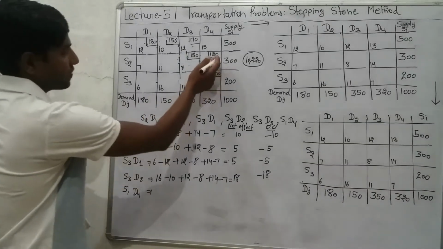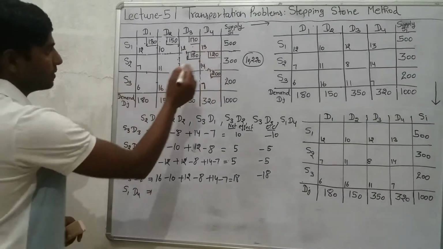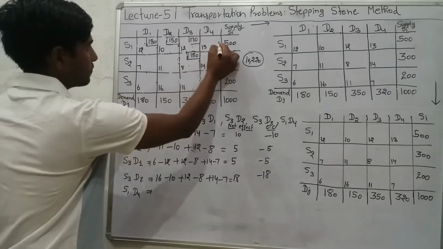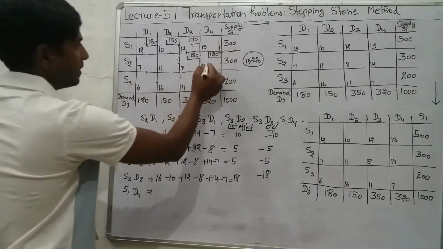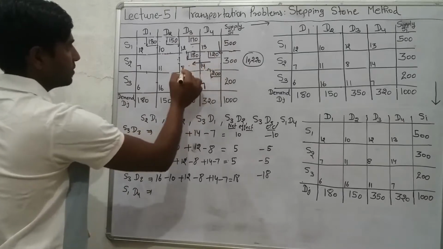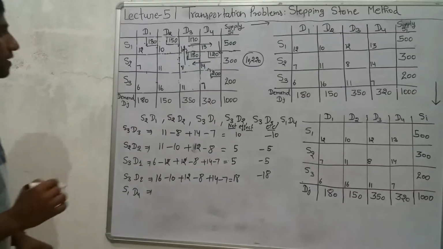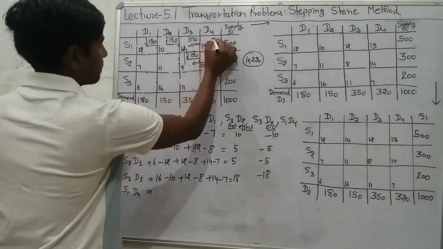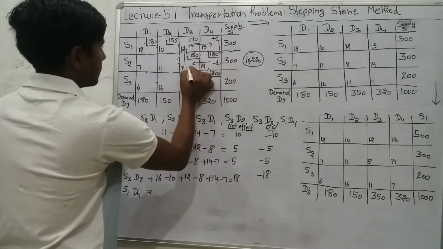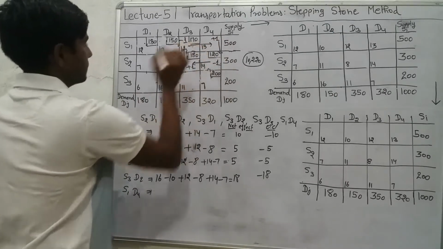It is very simple to calculate opportunity cost for this cell because we have to just move vertically, then horizontally and vertically and horizontally. So we have started from here, +1, -1, +1 and -1.